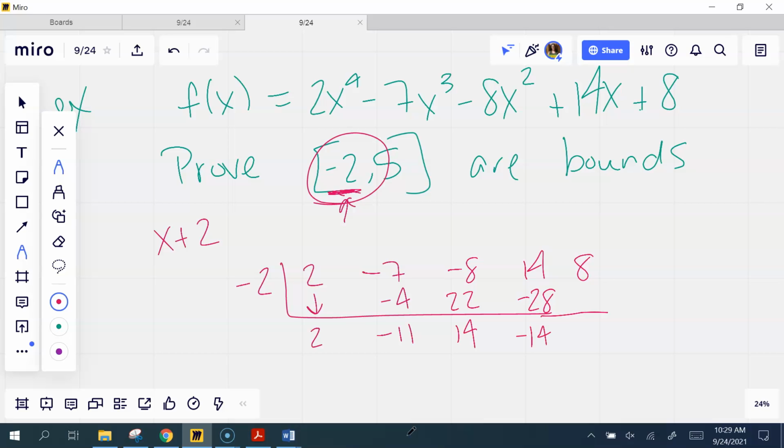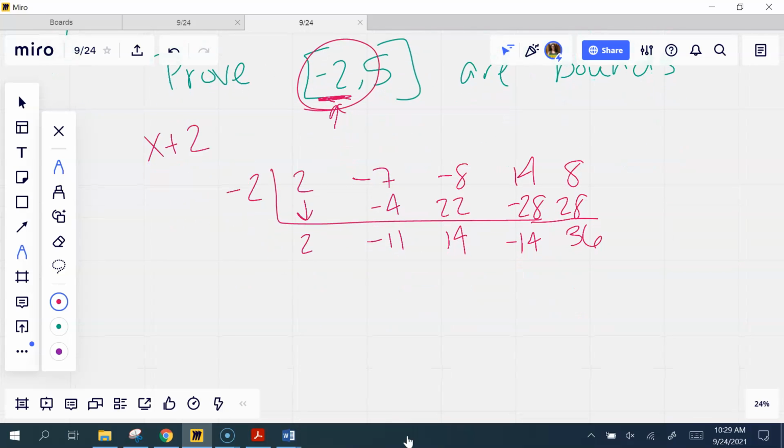Oh, that would be my lower bound. 28, which would be 36. Notice the signs. Positive, negative, positive, negative, positive. They are alternating, right?